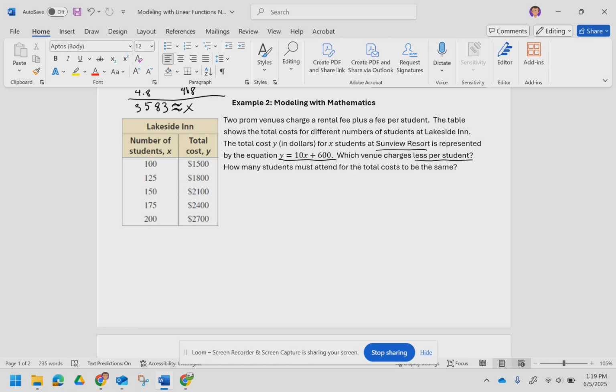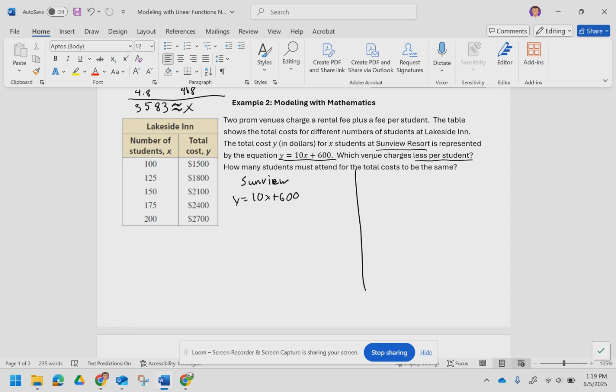Okay, so it's great that we've got this equation for Sunnyview. Something I can say about Sunnyview, because of its equation, y is equal to 10x plus 600, since x is students, then I know the cost per student must be 10.